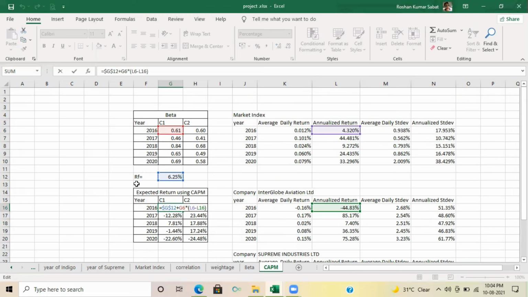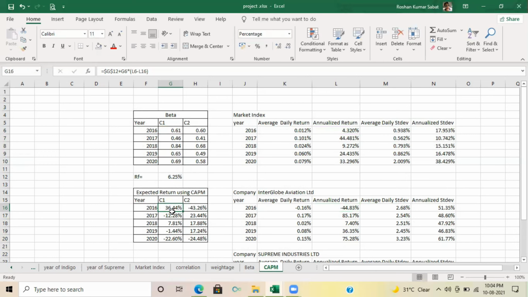We already mentioned RF. RF means the risk-free rate. Now add the risk-free rate plus beta 1 for the first year, since we are calculating for company 1, that's why we use the beta for the first company. After that, multiply by the annual return of the market index minus the annual return of the first company.